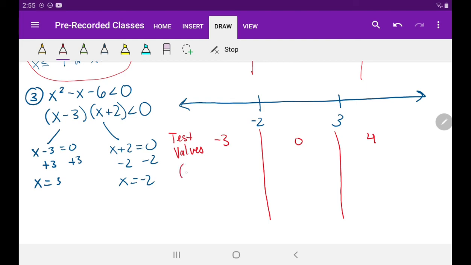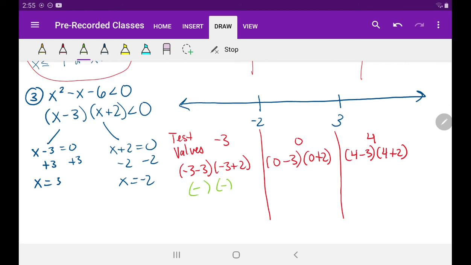I'm going to take these test values and plug them in for x. So I'll have (-3 - 3)(-3 + 2), (0 - 3)(0 + 2), and (4 - 3)(4 + 2). Then I want to figure out if things are positive or negative. Negative 3 minus 3 is negative, and negative 3 plus 2 is negative, and negative times negative is positive.